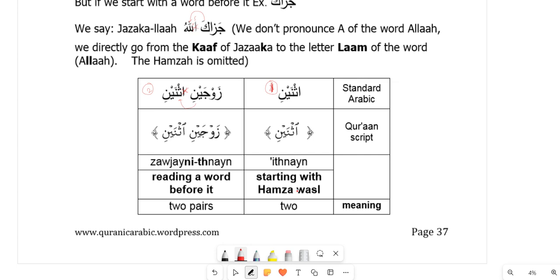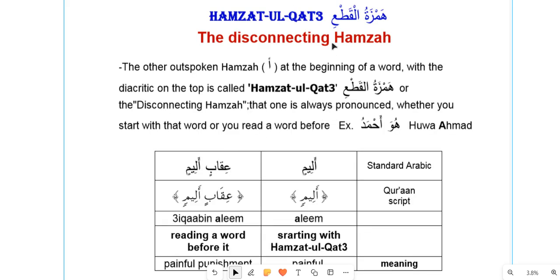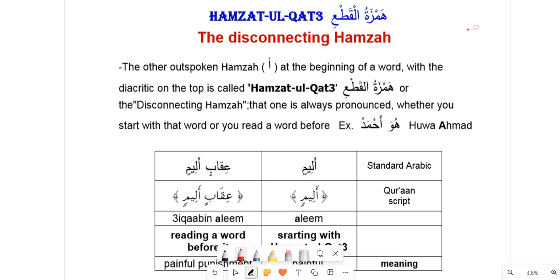So now we come to hamzatul qata, the second hamza. As the name suggests, what is qata? Qata means to cut.